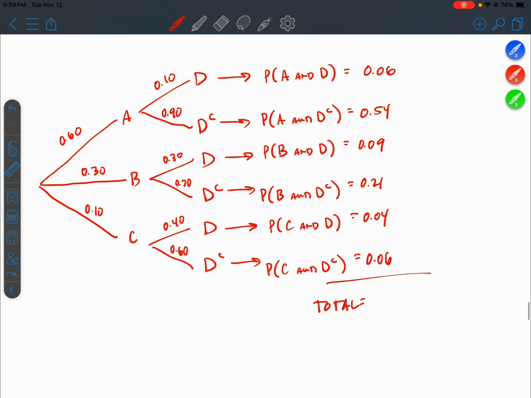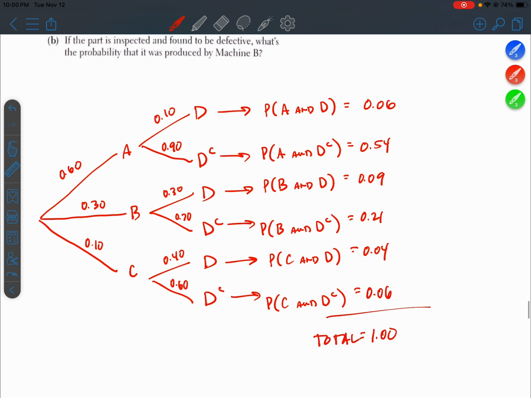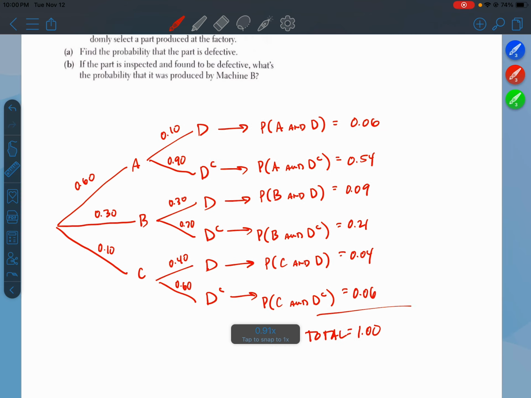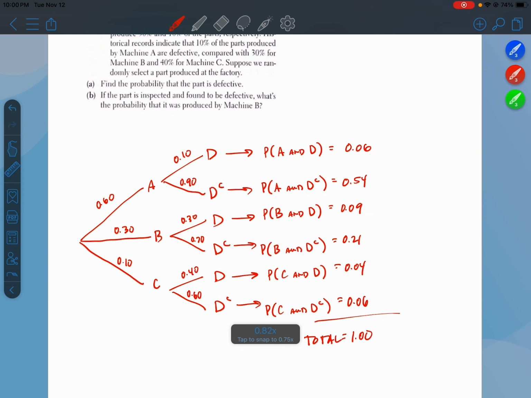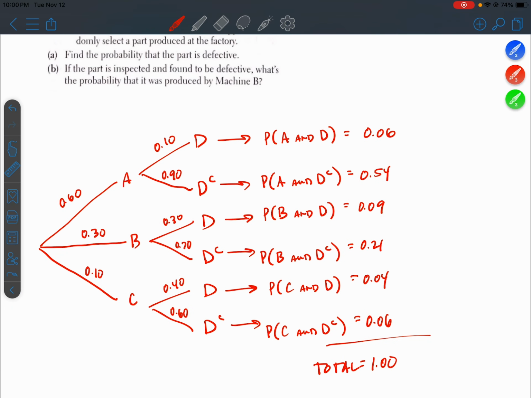All right, now, for completeness' sake, let's make sure that everything here adds up to 1. Okay, 6 plus 54 plus 9 plus 21 plus 4 plus 6 adds up to 100%. All right, so I'm feeling pretty good about all the calculations I've done so far. Let's see how we can now use this to find the answer to part A. So, what's the probability that the part is defective?